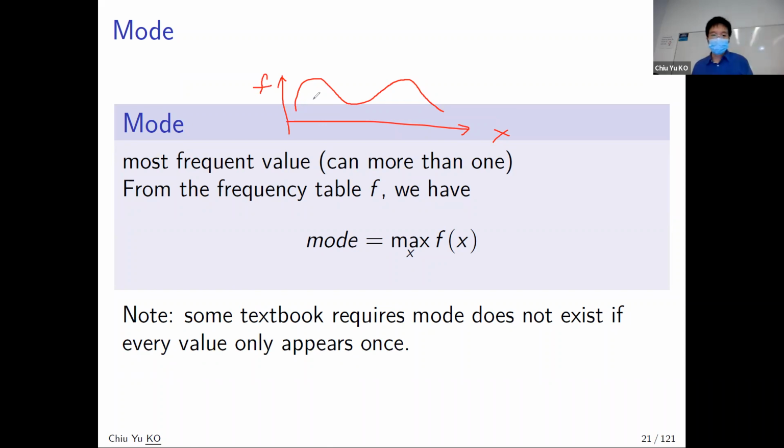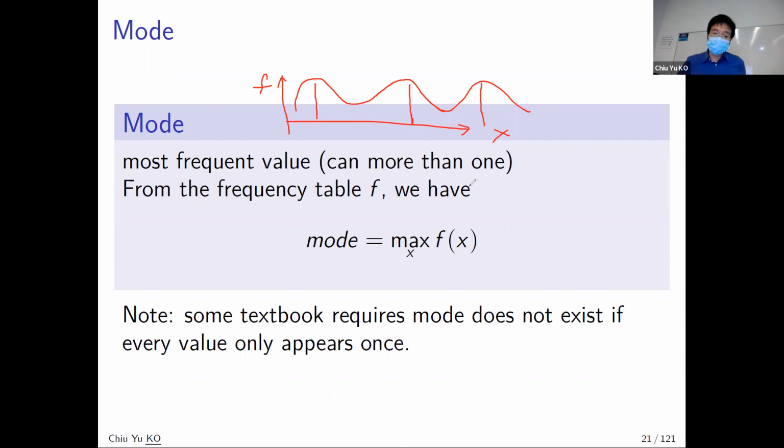Then you can see this number and this number are the maximum frequency, and then telling me the mode is both these two numbers, or you can even have a complicated thing, like this light wave, maybe three modes here. What do we learn from that? It's easy to calculate, and it even applies to categorical data, not even ordinal, even categorical you can apply. So that is an issue.